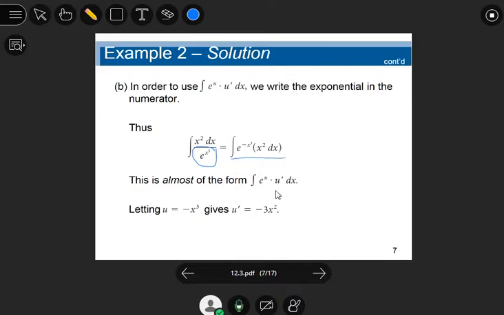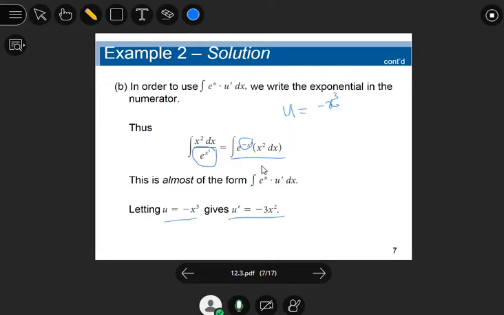Here also you need to understand that you can see e to the power something. So here I do it this way. I will take my u equal to negative x to the power 3, then take the derivative, u prime, so it is negative 3x square.